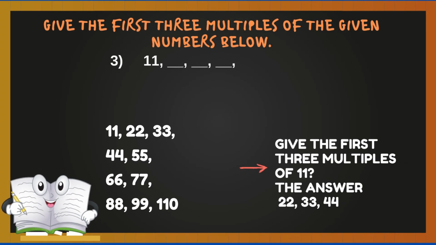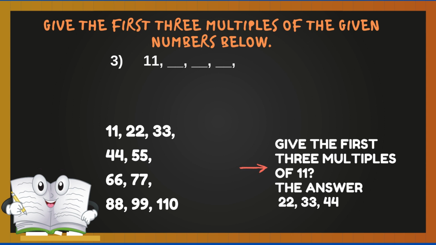Question number 3, multiples of 11. Ang 11 ay madali lang po tatandaan. Ang gagawin lang po is double the number. For example, 11, 22, 33, 44, 55, 66, 77, 88, 99, and 110, and so on.